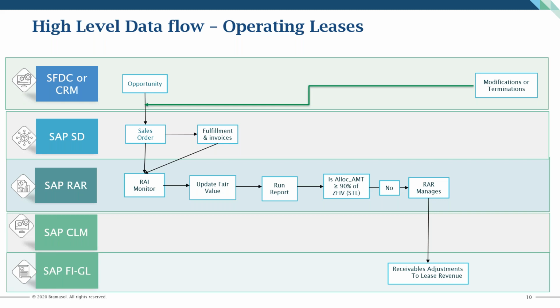It can take really any information from any operational stream, whether that is SAP or non-SAP, and turn it into a revenue accounting contract that allows you to properly recognize that revenue.